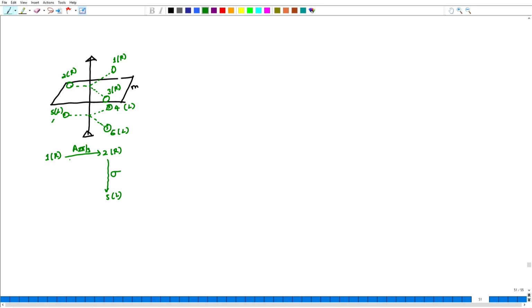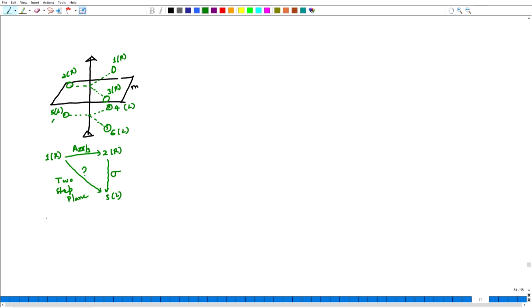Now, how can I go from 1 to 5? So, 1 right handed to 5 left handed. This is where we come to another symmetry operation that I just barely mentioned earlier, roto-reflection or roto-inversion. This is a 2-step operation, just like a glide plane is a 2-step operation.